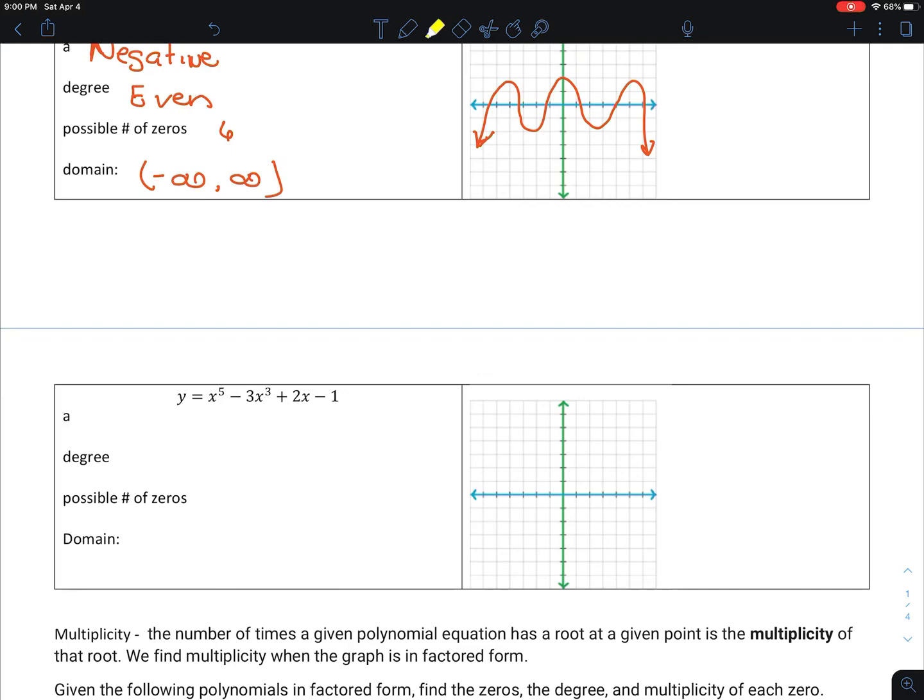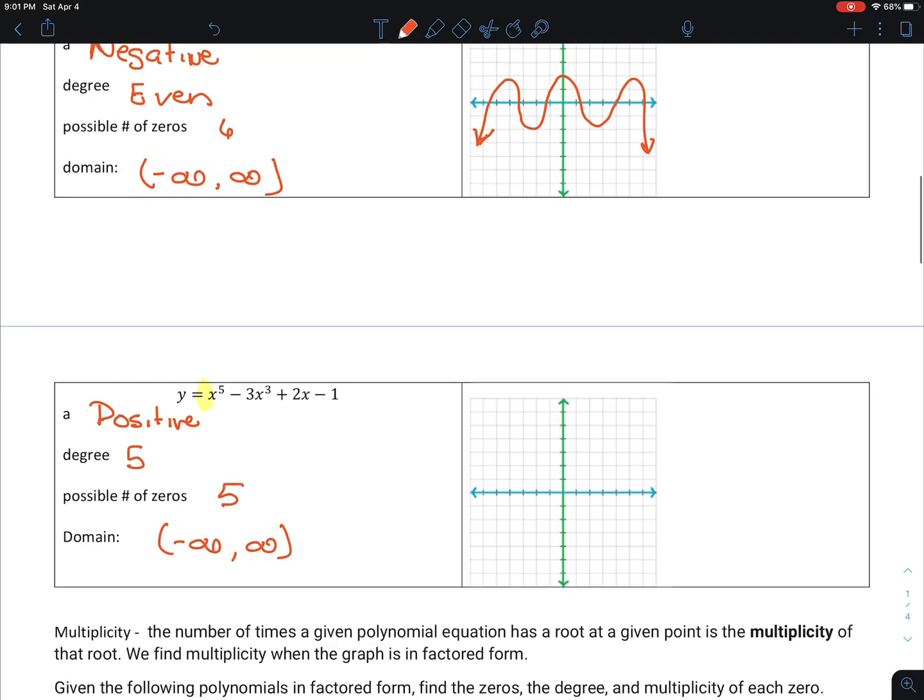Okay, welcome back. For this one, we see that our leading coefficient is positive. So A is positive. Our degree is 5. That means we have possibly 5 zeros. And our domain for all polynomials is negative infinity to infinity.